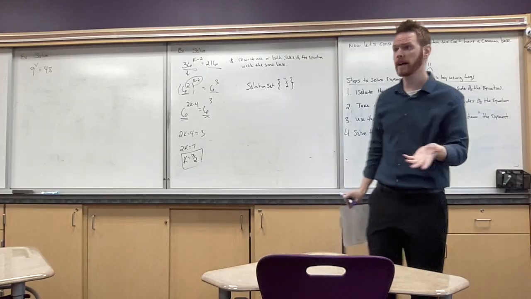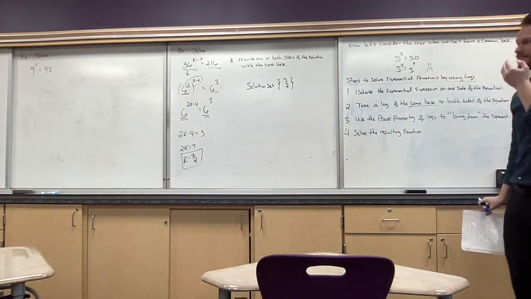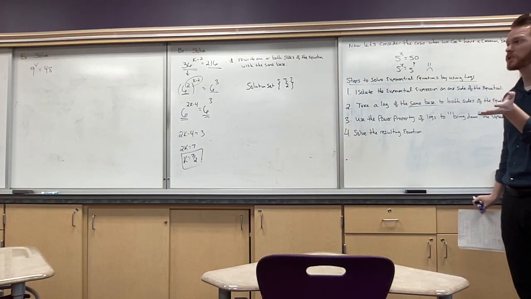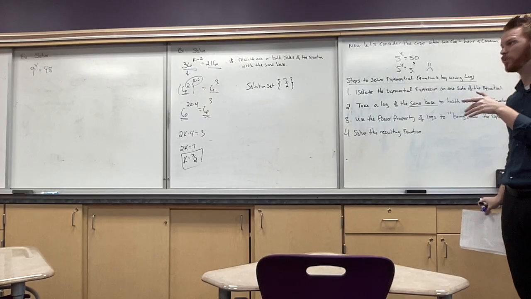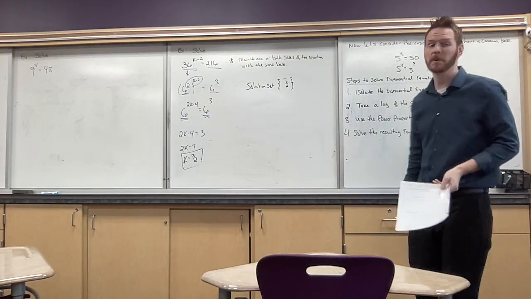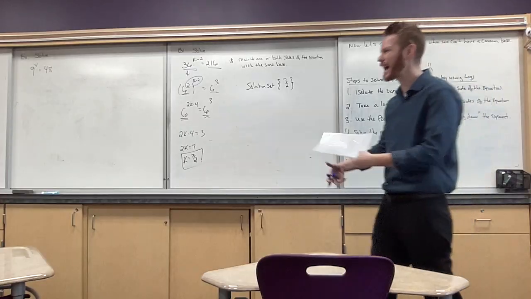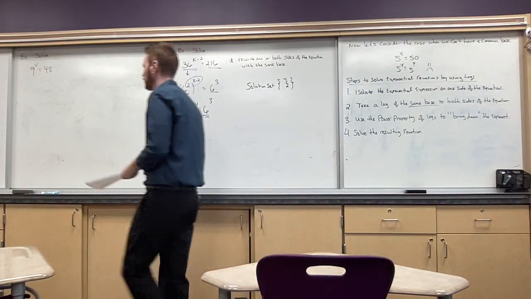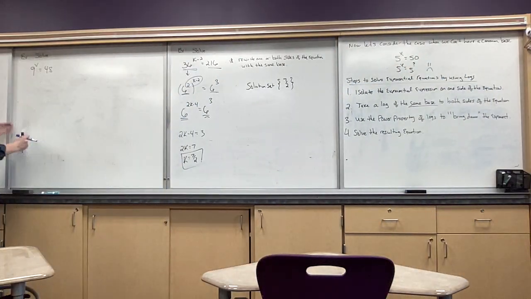We could estimate. We could say, well, 9 to the first is 9. 9 squared is 81. So it has to be between, well, 1 and 2. That's all we got. So can we come up with an actual solution to this? Absolutely. So the first thing, is this exponential part by itself? It is, right? There's no +1, there's no number in front of this. It's all good. So step 1's cleared.